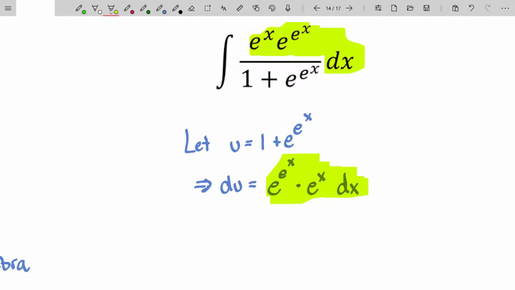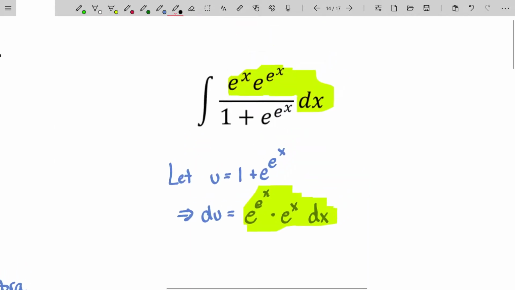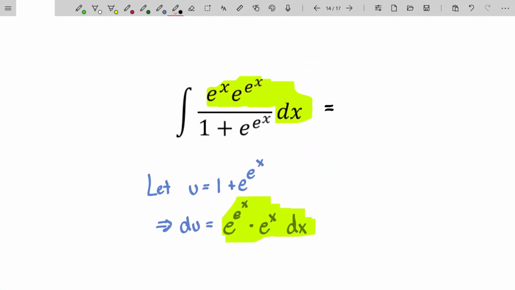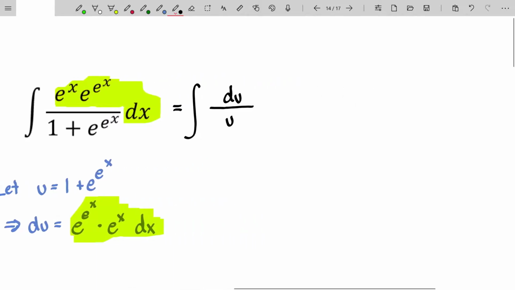Right there. So this integral actually is written as du, because that steals away the e to the x dx, divided by, well, that 1 plus e to the x is what we let u equal. Look how clean that is. And now the antiderivative of 1 over u is the natural log absolute value of u plus a constant c.